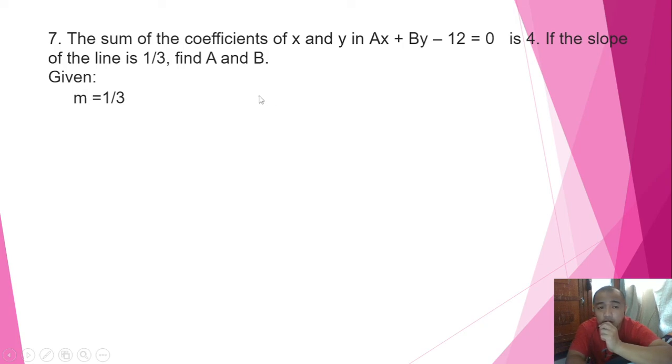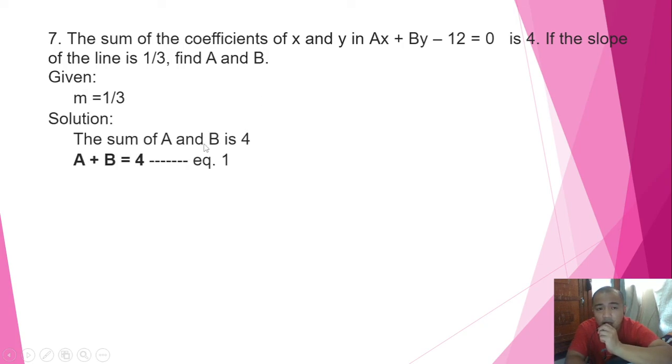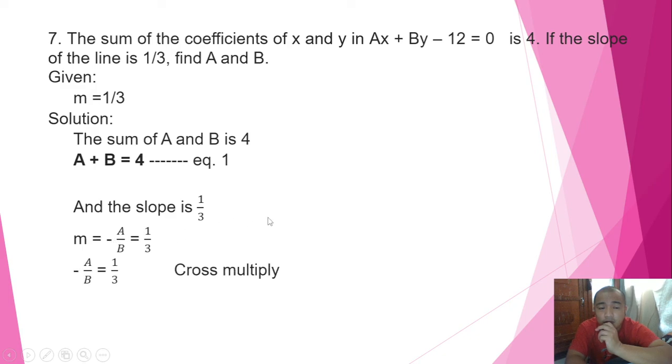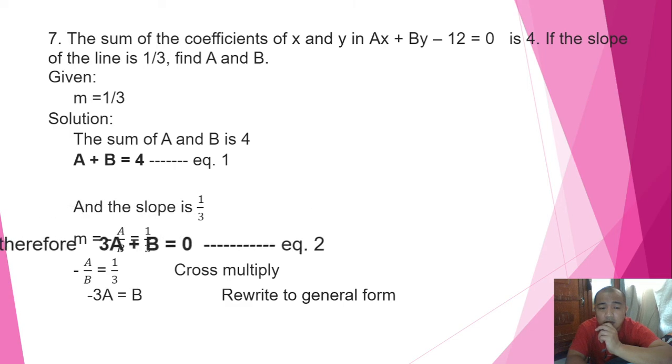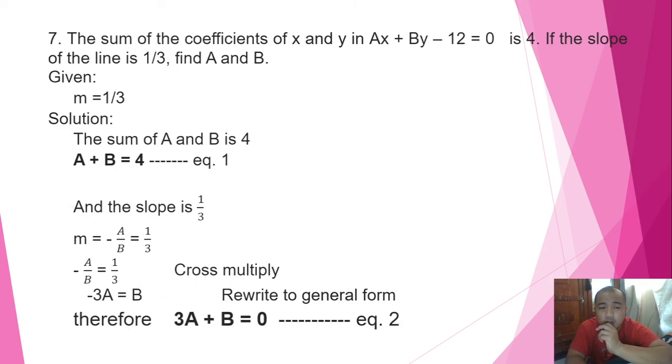So if the slope is 1/3 and the sum of a and b is 4, we have a plus b equals 4, our equation 1. Slope is 1/3. The formula gives negative a over b equals 1/3. From that, we'll cross multiply. Negative 3a equals b. So our equation 2 is 3a plus b equals 0, by transposition.